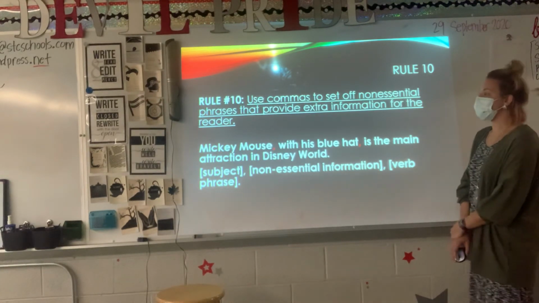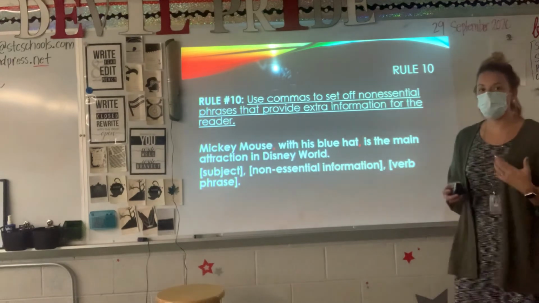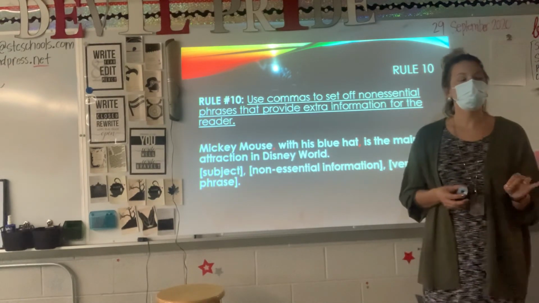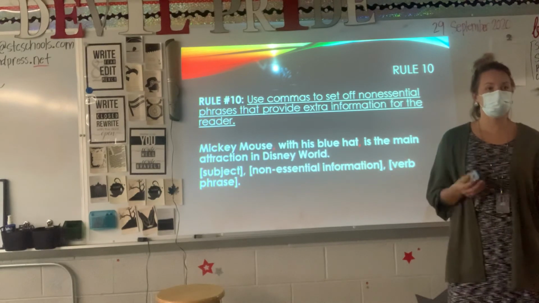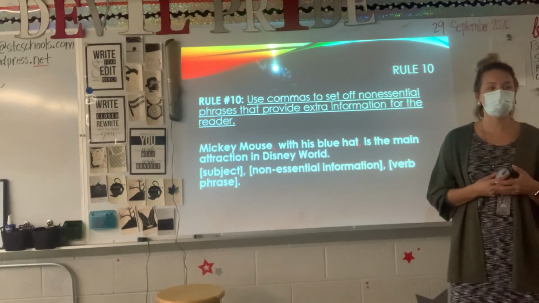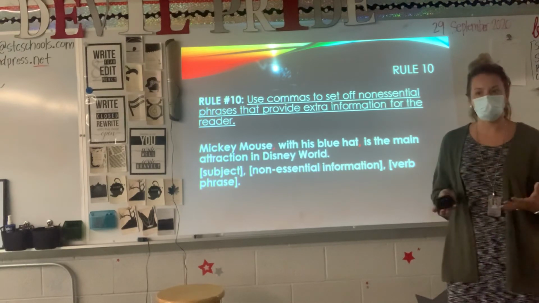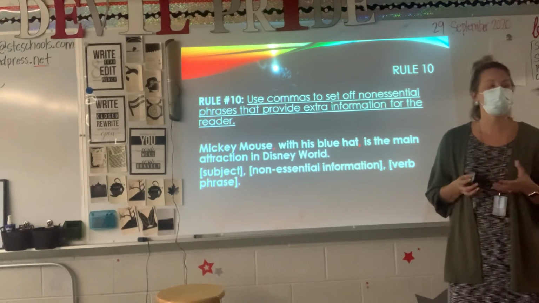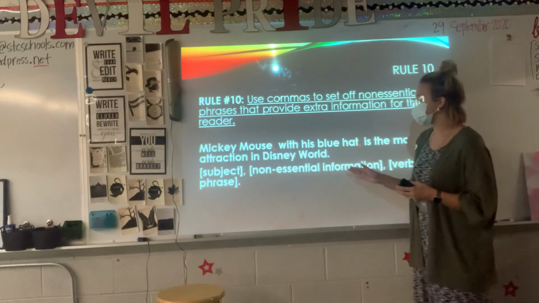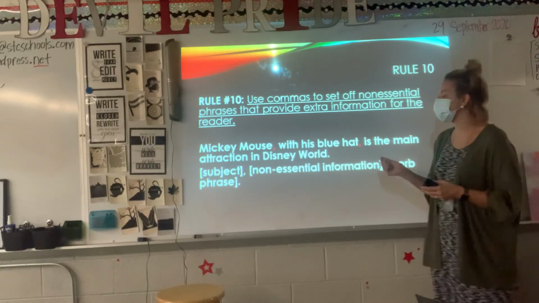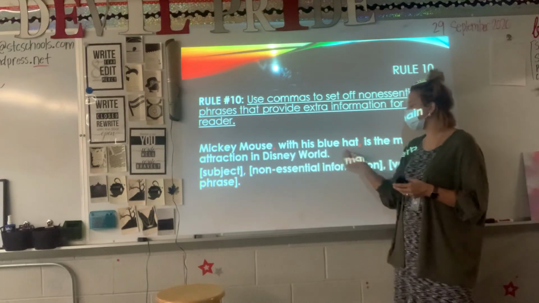So rule number 10 is very similar to rule number 9. It's just not an appositive. So it's a different type of information being provided within the commas. We don't have to worry about the technicality of it. That's kind of irrelevant. You just need to know how to use commas correctly. So for this example here, Mickey Mouse, with his blue hat, is the main attraction in Disney World. This is phrased a little bit different.